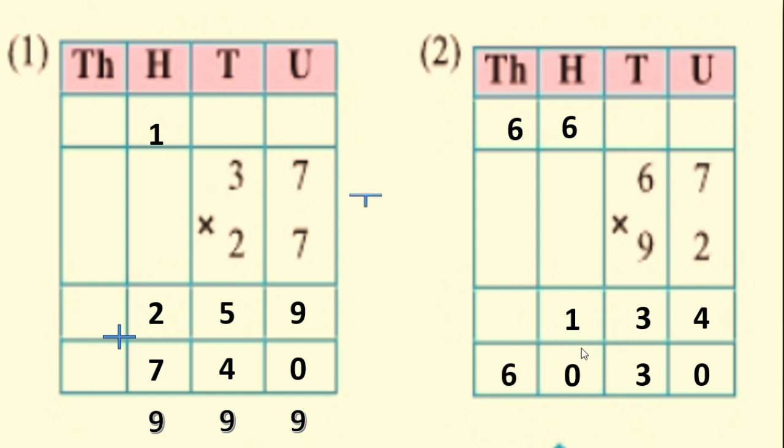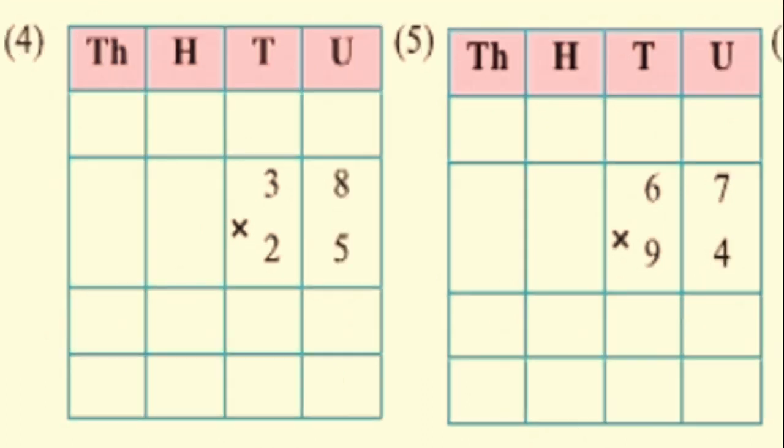Now we are going to add these two numbers. 4 plus 0, that is 4. 3 plus 3, that is 6. 1 plus 0, 1, 6. Correct? Now the answer is 6164. Right? Yes, dear children.